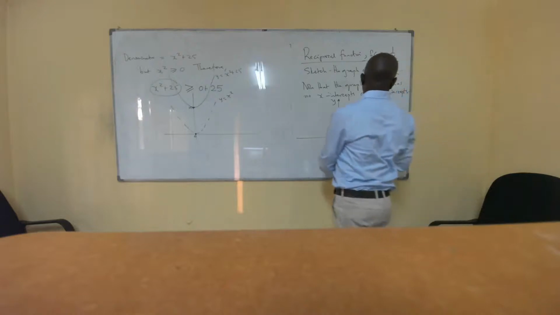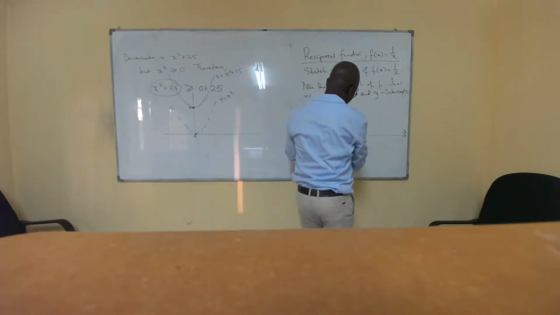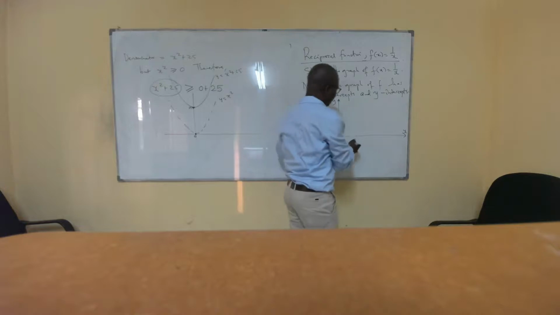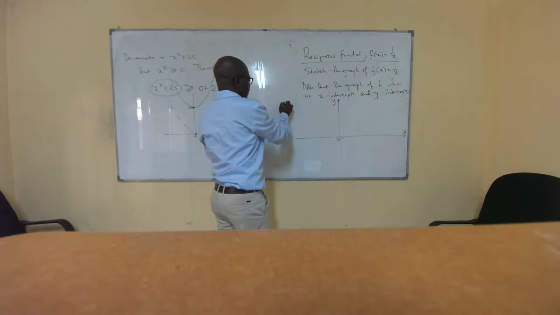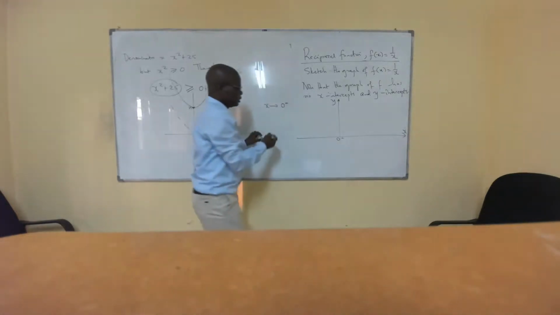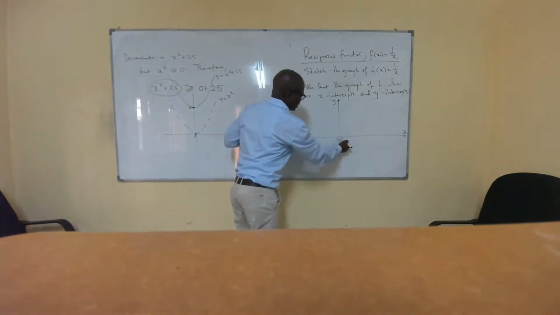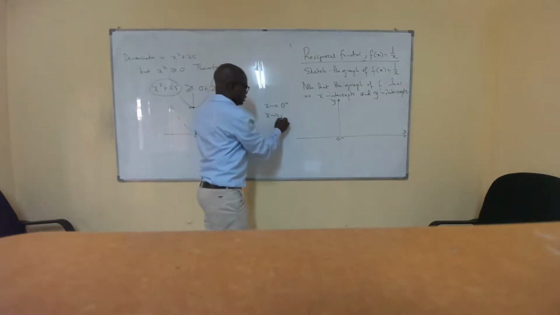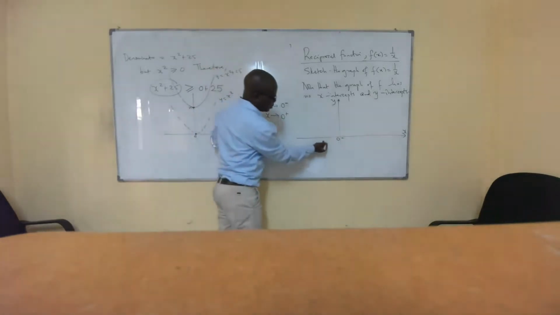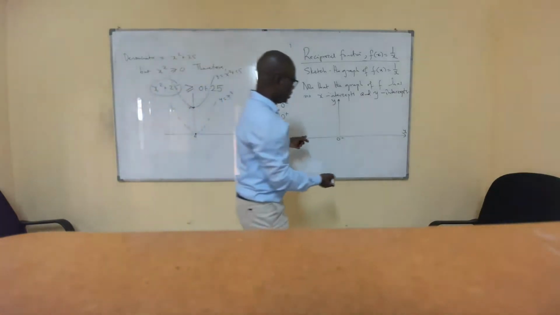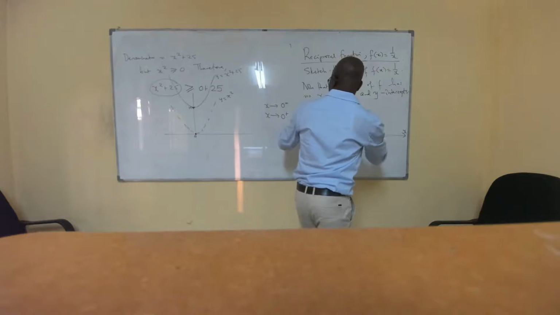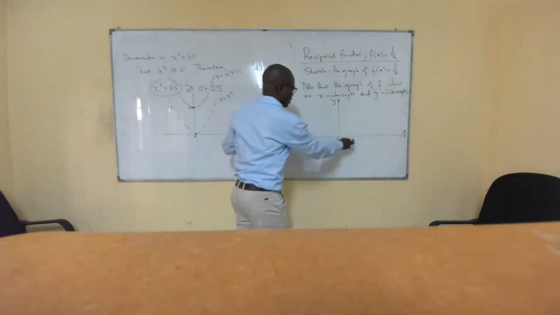And if you approach 0, this is x approaching 0 from the left, it means I'm coming like this. If I write it like this, it means I'm approaching 0 from the right. So when I approach 0 from the right, I'm coming here.